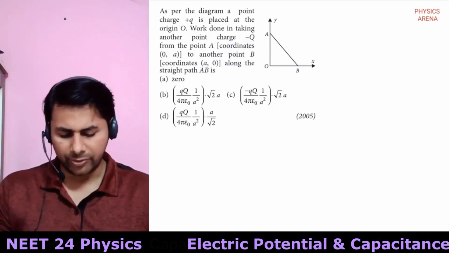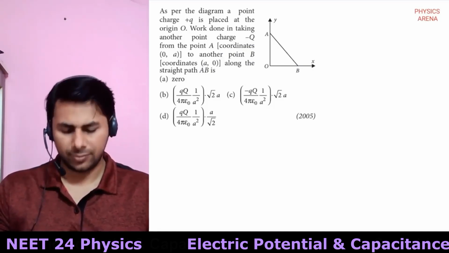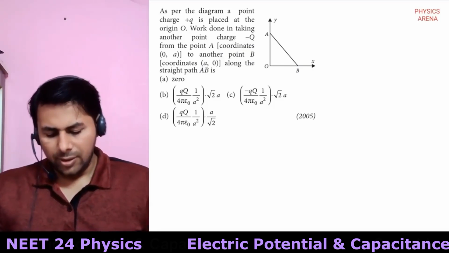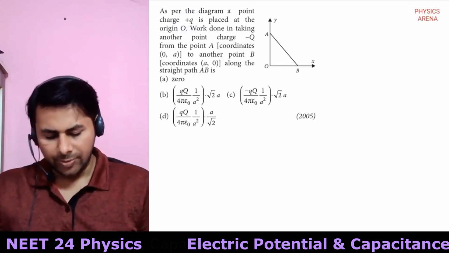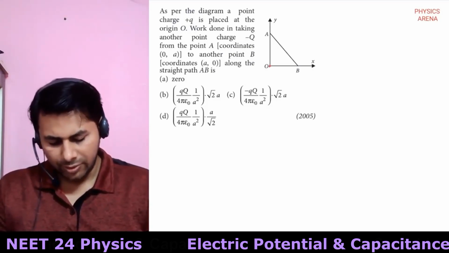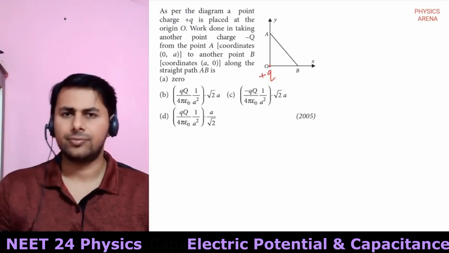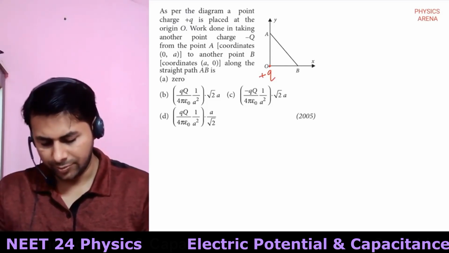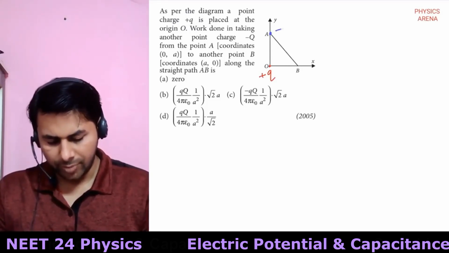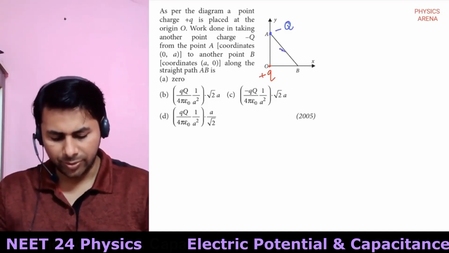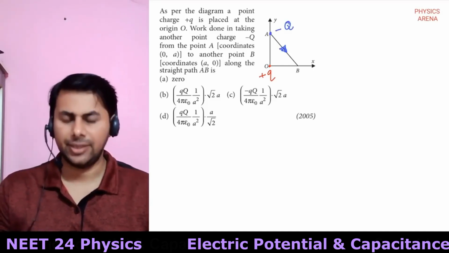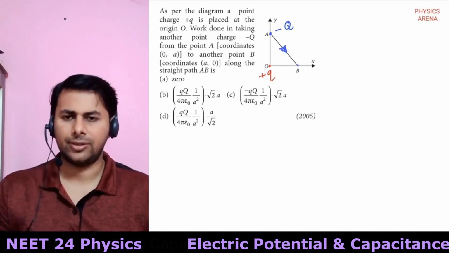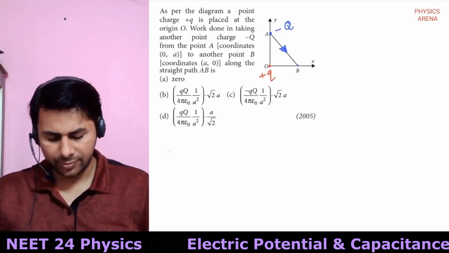So tell me how much would be the work done? A point charge plus q is placed at the origin, and you move another charge minus q from A to B. A is the initial point, B is the final point. How much would be the work done?